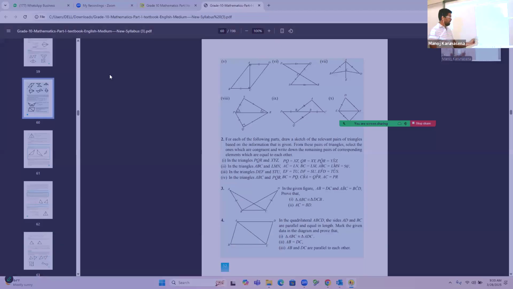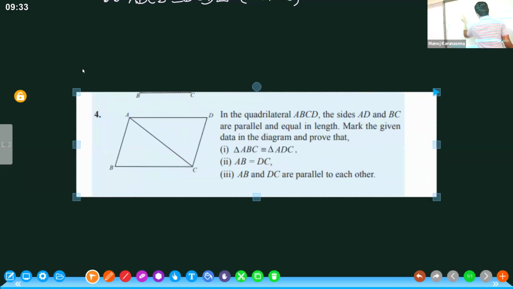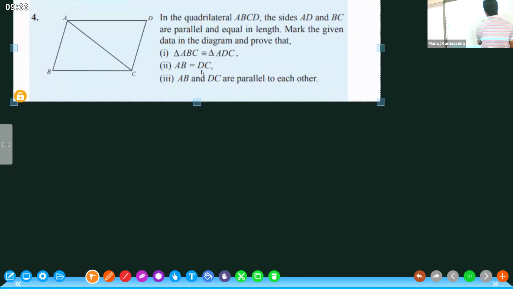Right, let's do this. Give a try. Online students, I'm unsharing the screen for a moment. You have to refer to your textbook and let's try to get the answer. I'm going to give you a couple of minutes for you to try.